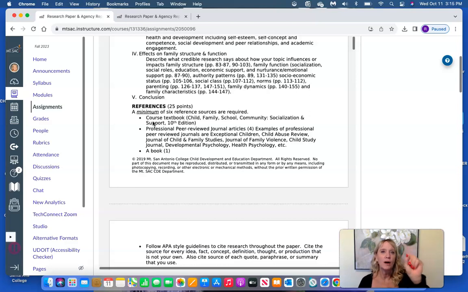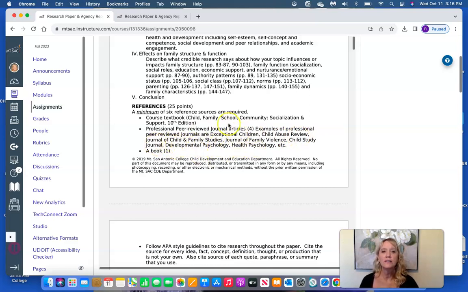The book being 1, then you'll have 5 more. They could be from the Mount Sac Library. It could be a peer-reviewed journal article, anything in Child Abuse Review, Journal of Child and Family Studies.